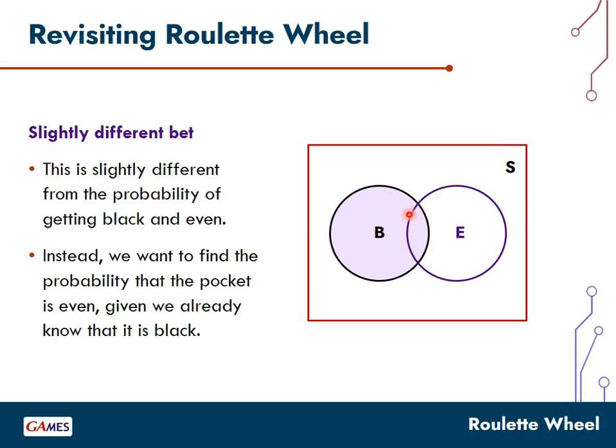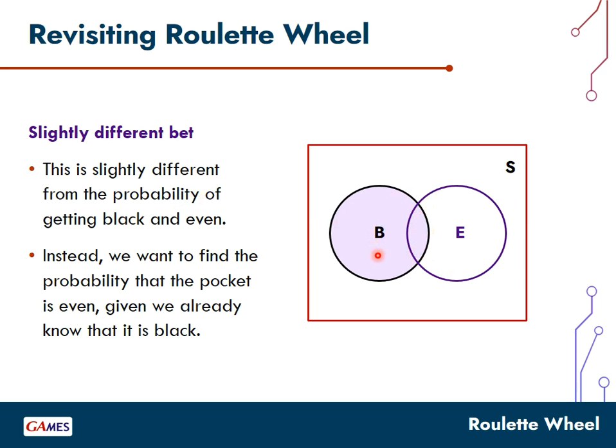Okay, so look at this intersection here. All right, you are going to be checking the probability that this black pocket is even. Okay, so it's slightly different from the probability of getting a black and even.